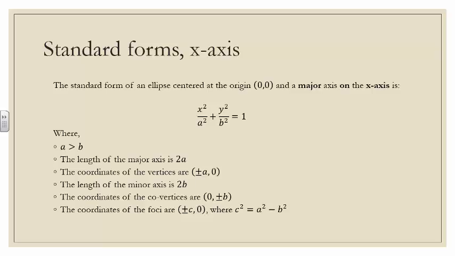The length of the major axis is 2a, the coordinates of the vertices are plus or minus a, comma 0, the length of the minor axis is 2b. The coordinates of the co-vertices are 0, comma, plus or minus b. And the coordinates of the foci are plus or minus c, comma 0, where c squared equals a squared minus b squared.